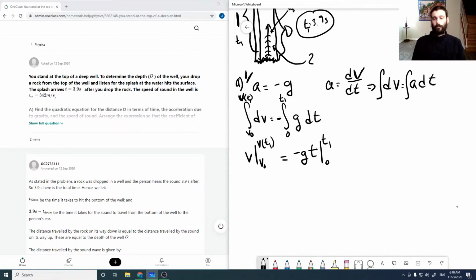Okay, so if we do our integration limits here, then we have v of t1 minus v0 is equal to, and so when t is 0, the whole thing's going to be 0, so minus g t1. And as the rock starts at rest, right, so the boy's holding the rock at the top of the well, so it's going to be initially at rest, that guy's also 0. So then that means our velocity at t1 is just minus g t1.